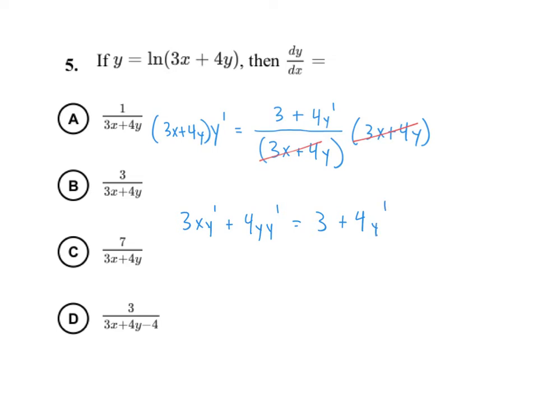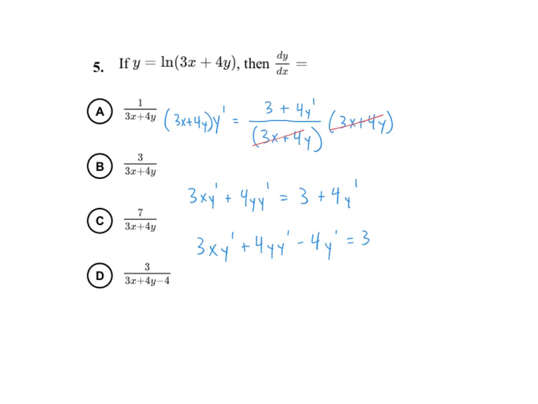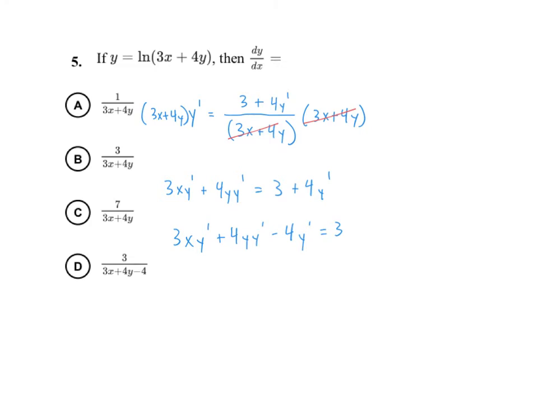Actually, I could have done that differently, but that's okay. So we'll minus the 4y prime from the right-hand side. We'll minus that over to the left. So that'll stay the same. That'll stay the same. And we'll have this minus. Okay, then we'll factor out the y prime.